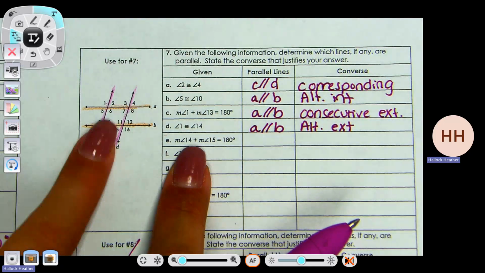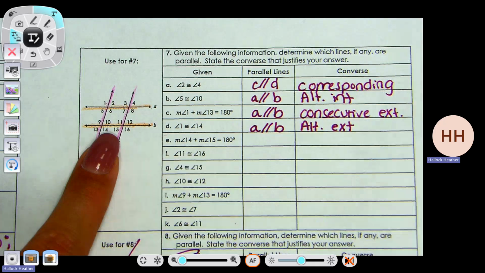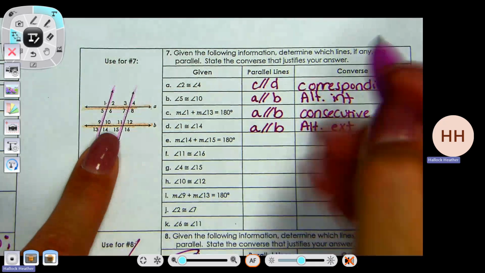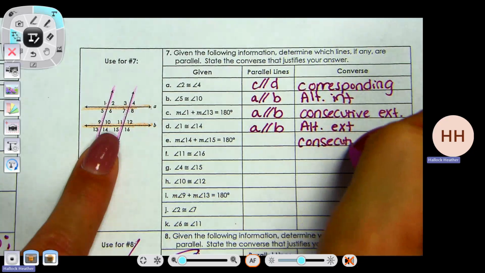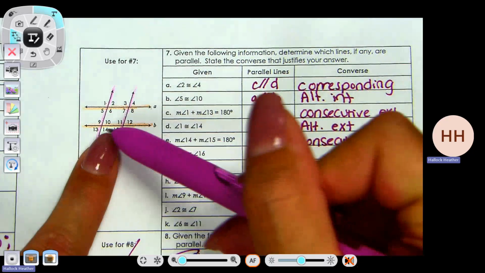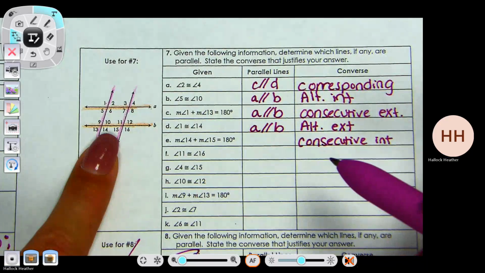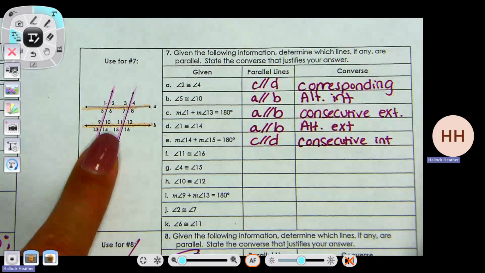Where's that? What vocab word goes with that? Consecutive interior. Do you need to know A and B or C and D? C and D.